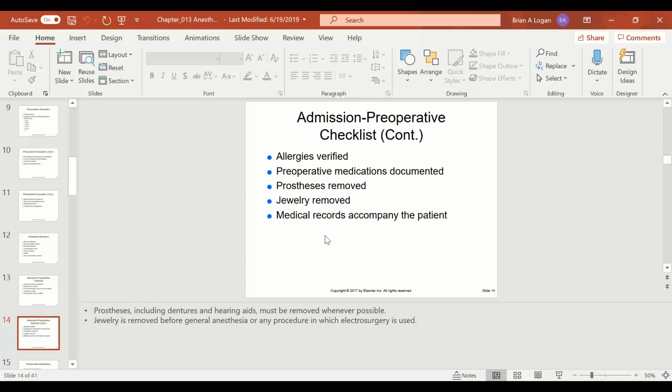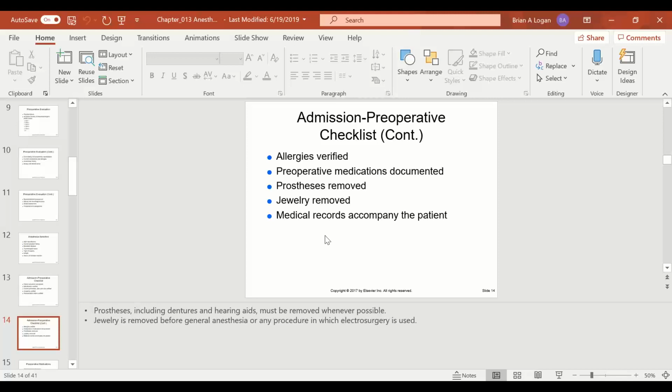We want to let the patient have those as long as possible. And then it's usually just before we put them to sleep that we take those, like hearing aids, dentures, glasses, so that the patient still has the most amount of sensory input that they can get. If they've got glasses, they can see where they're going, who they're talking to, things like that. If they have their hearing aids, they can hear.